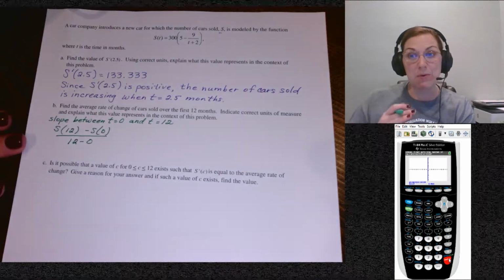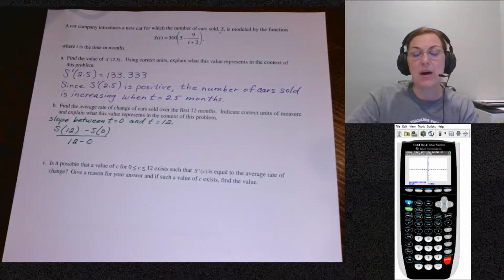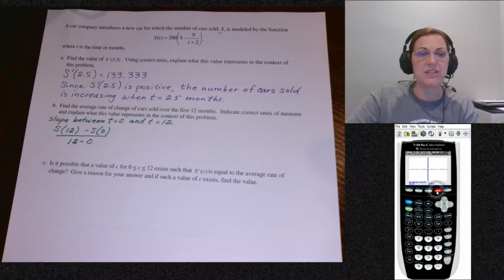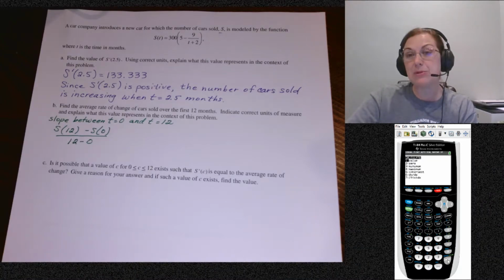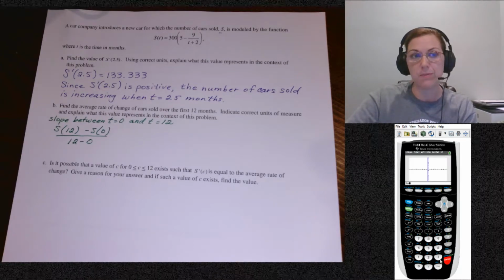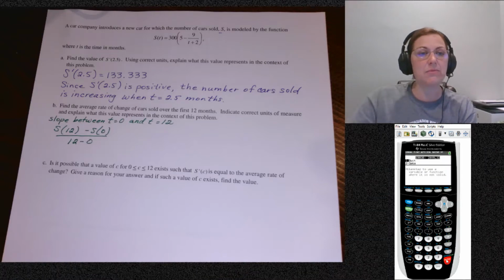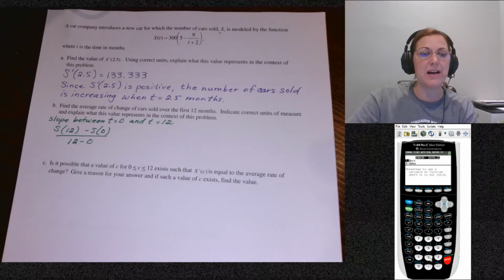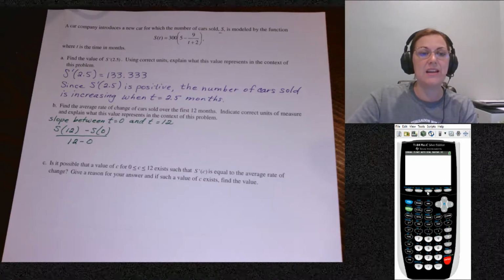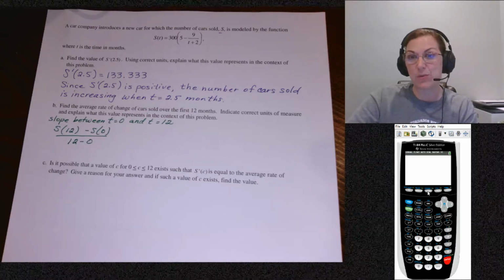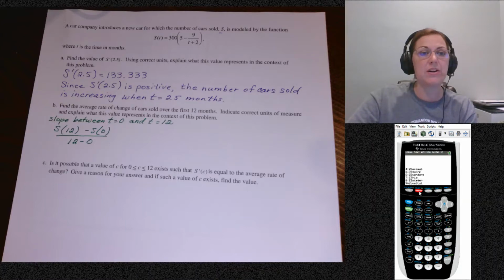Now, friends, remember, we have our calculator. So I'm going to use the feature on the calculator, second trace, and this time I'm choosing option number 1 for value, and I'm going to put in 12. This is going to give me, well, I think it's because we are not in that range. So did you see how I got a window range error? So I'm going to go to my window range.